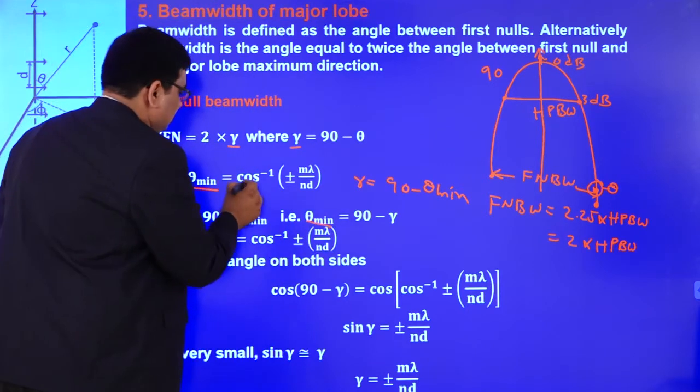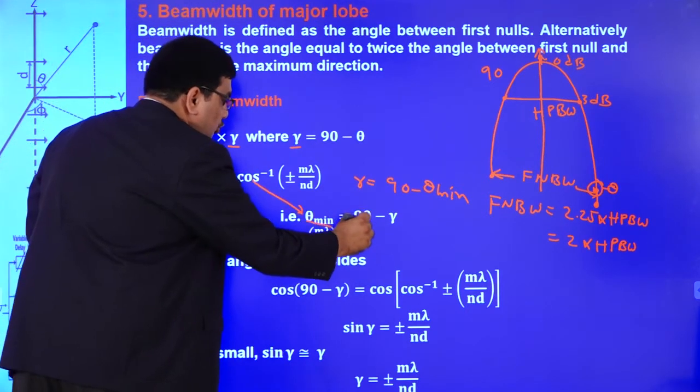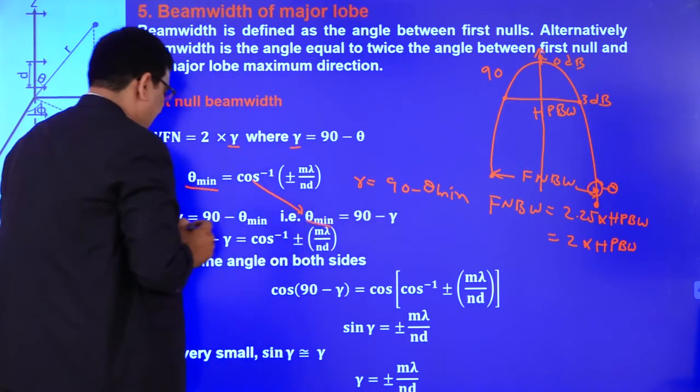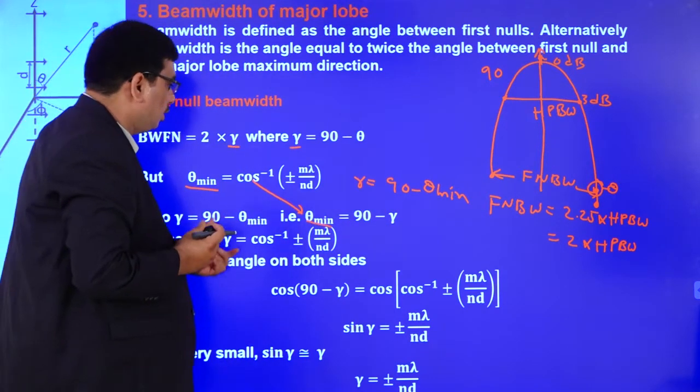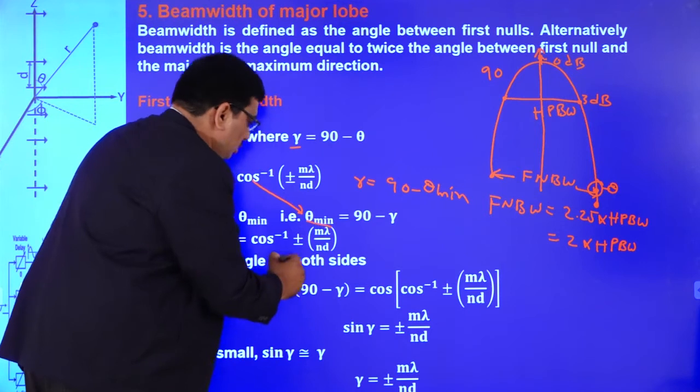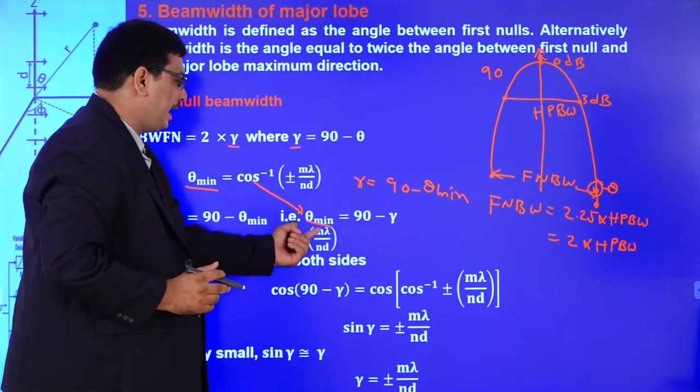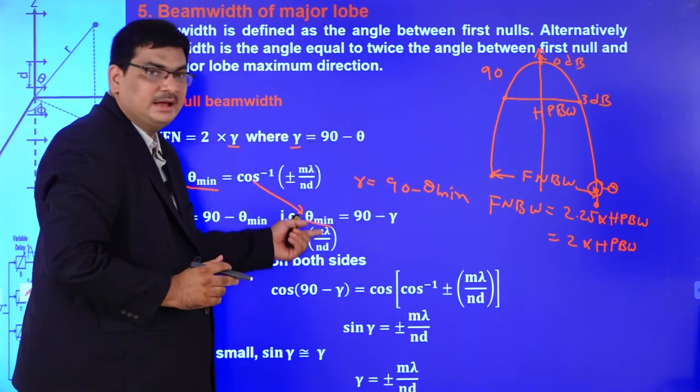We know the expression: θ minimum equals 90 minus ζ. So what we are taking is 90 minus ζ equals cos inverse of mλ/(nd).